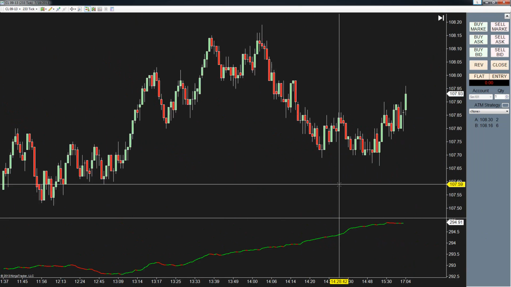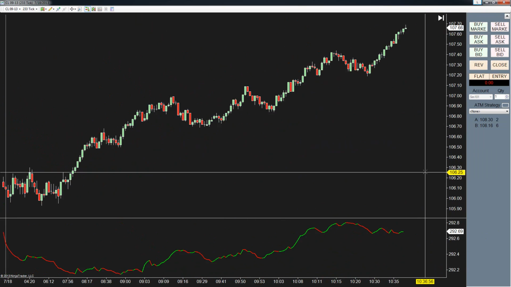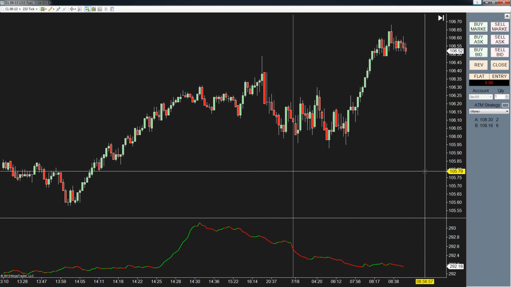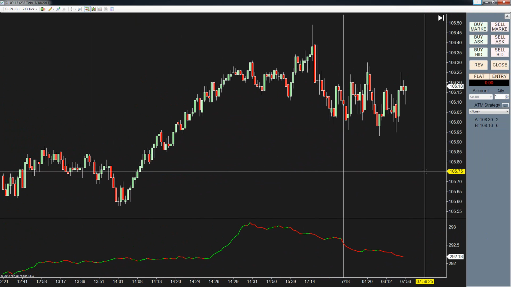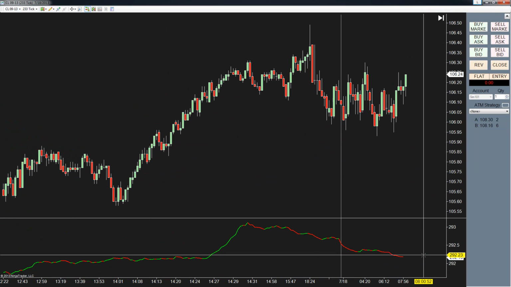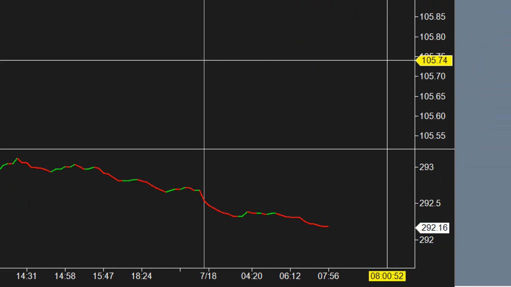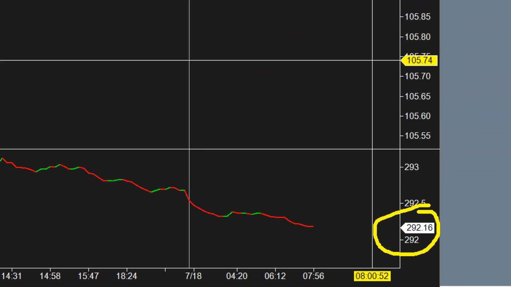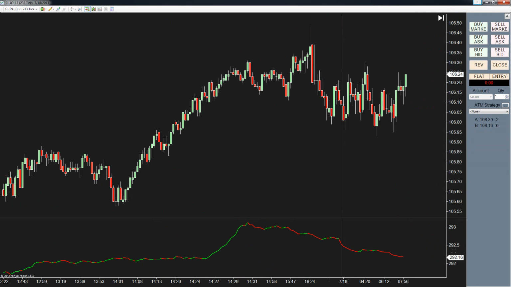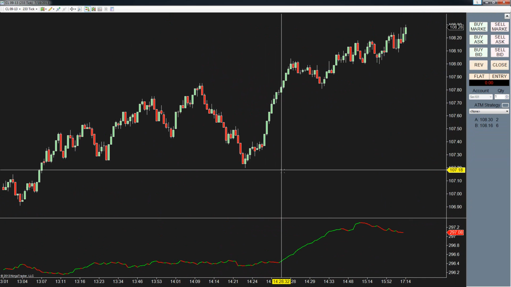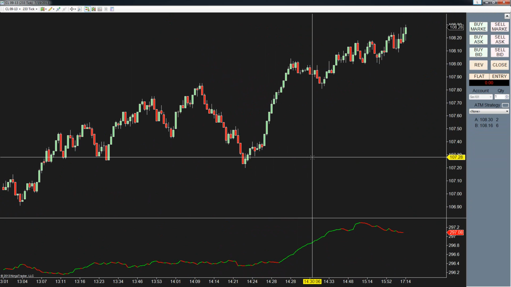Is this higher than yesterday? So we can scroll back to yesterday at around 8 o'clock and look at what that was. Looking at 8 o'clock right on the nose, it's 292.16. So we are marginally higher, but we are higher than the previous day. And that basically means there's more volume coming into the market than there was the previous day.